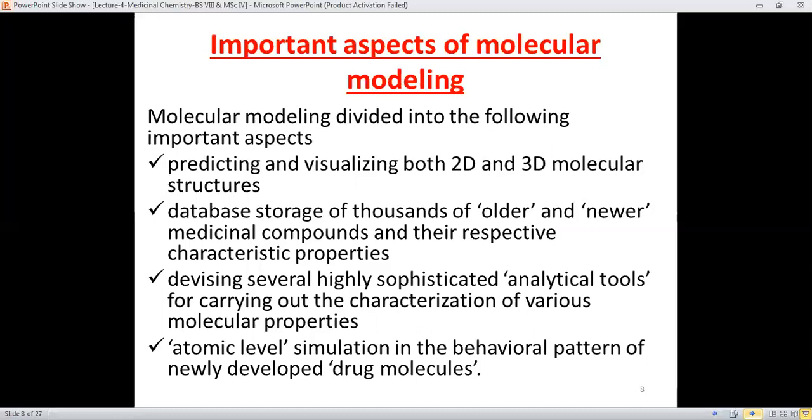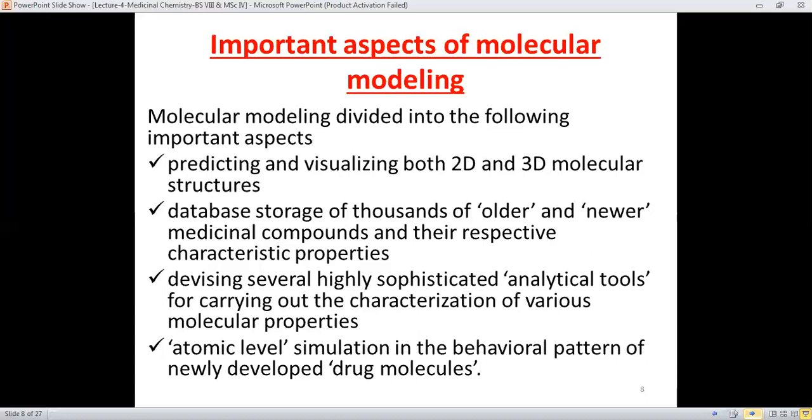And then is the database storage of thousands of older and newer medicinal compounds. It means that medicinal compounds are already present in the computer system or database, and this whole database is well organized in terms of structural similarities, in terms of the functional groups contained in the molecule, in addition to the active ingredient, and their respective characteristics as well.